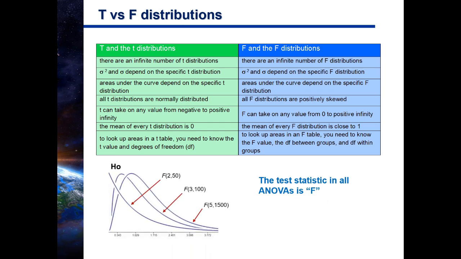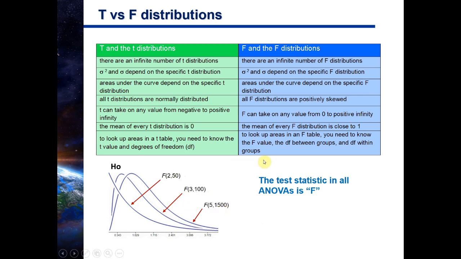And here is what the different F distributions look like. Of course, I haven't plotted all of them because remember how many F distributions are there? An infinite number. So I obviously cannot, even if I wanted to, show you all of them. But I've shown you some representative examples here. So the numbers in parentheses refer to degrees of freedom.